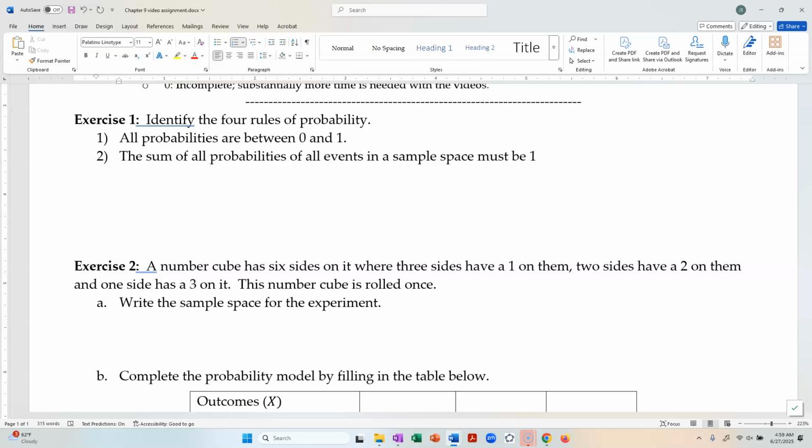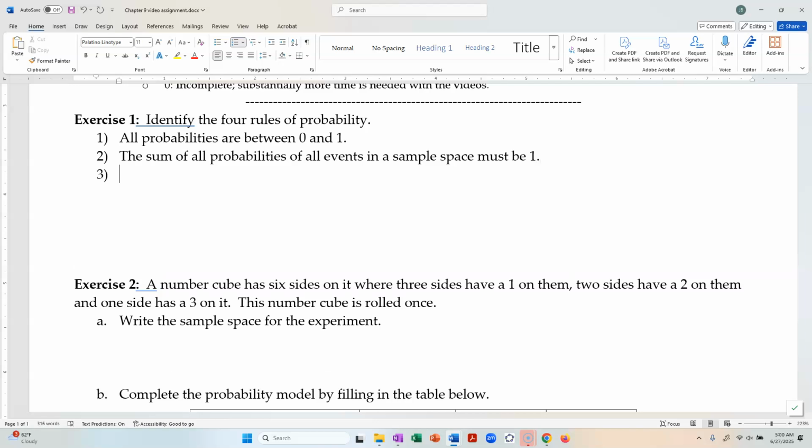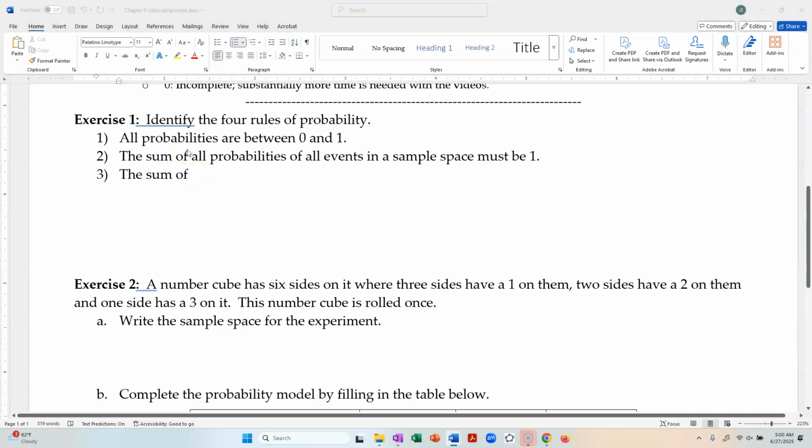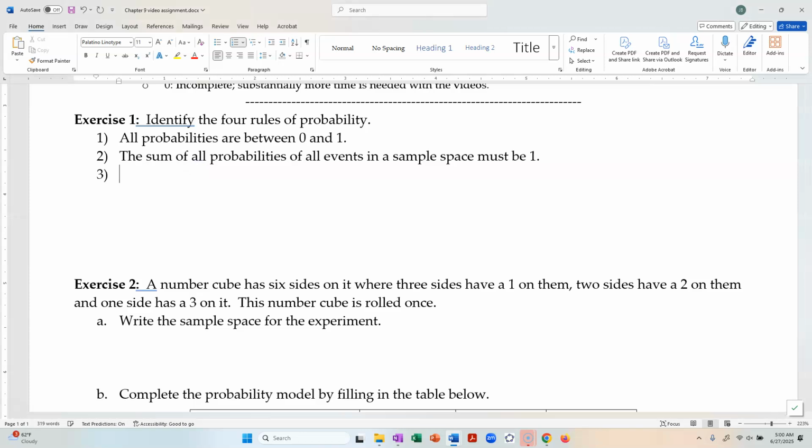Okay? For example. Third, the sum of, let me get my language right, actually. So we're going to say this is dealing with the disjoint property.